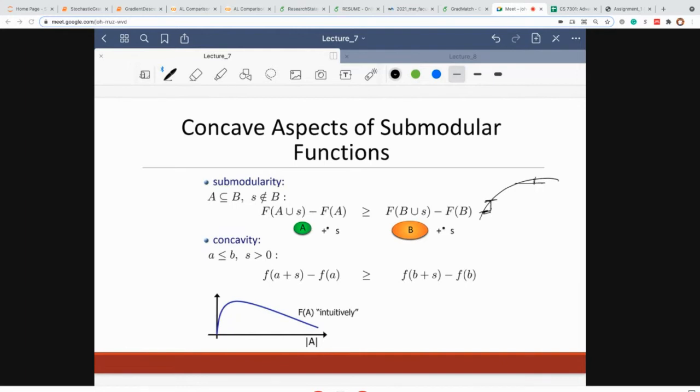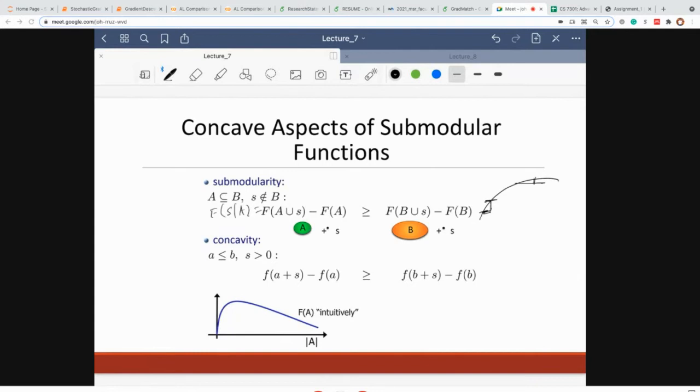So essentially the gain f of a union s minus f of a, which is sometimes written as f of s given a, again borrowing notationally from the information theory literature. So f of s given a is f of a union s minus f of a, and this is greater than or equal to f of b union s minus f of b. This is the diminishing returns property of submodular functions.